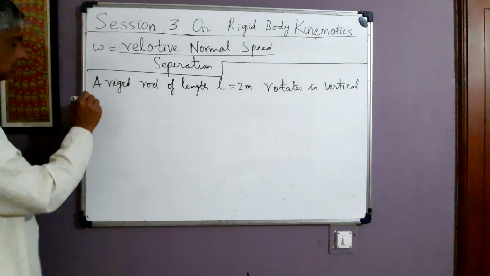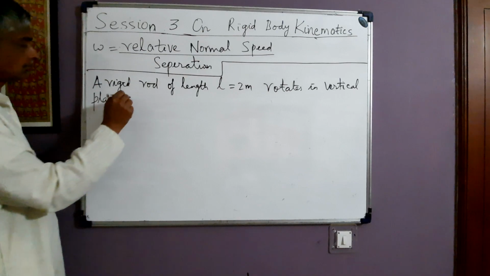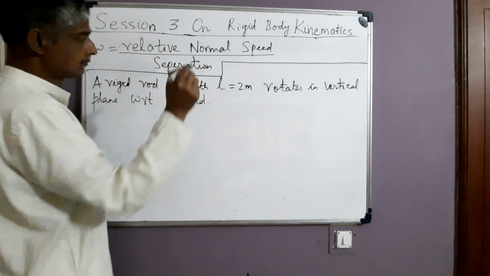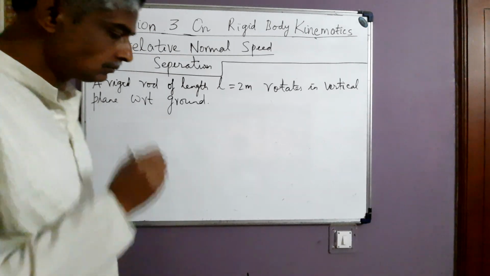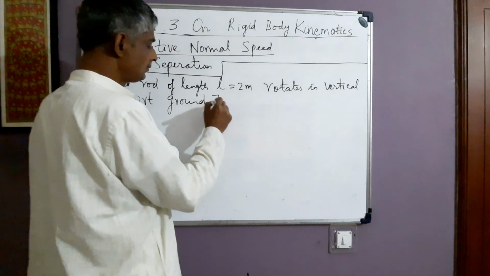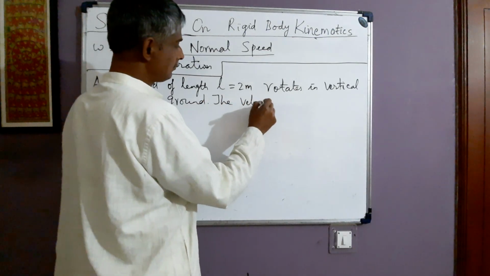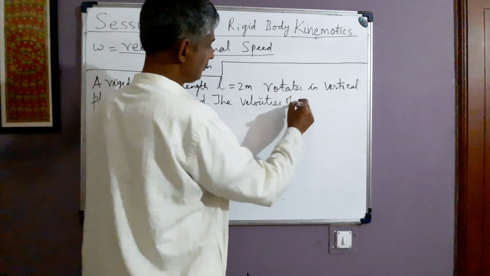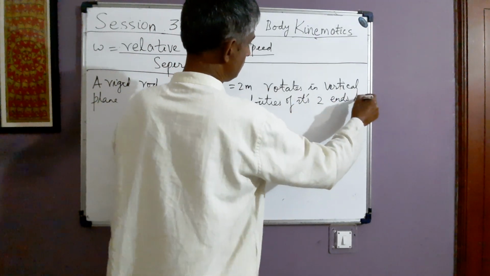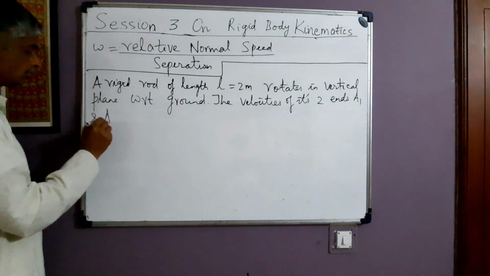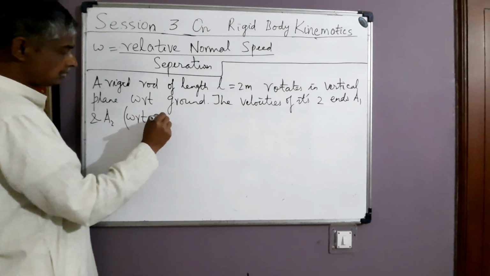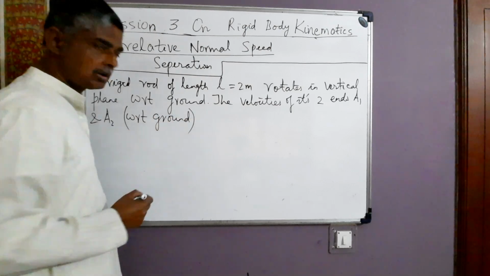The velocities of its two ends A1 and A2 with respect to ground are as given.